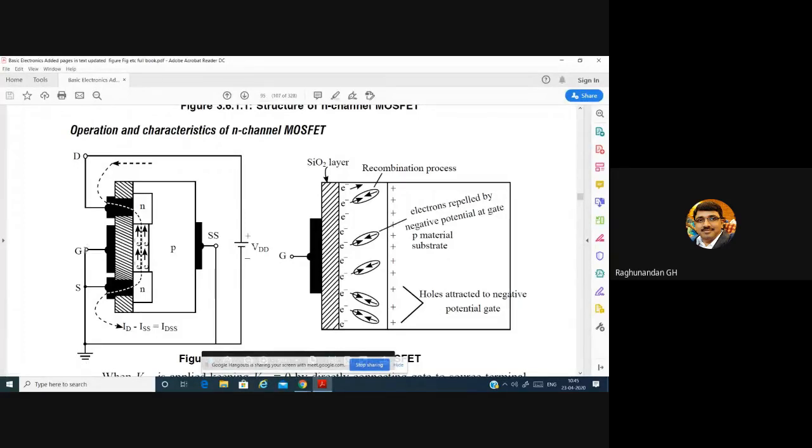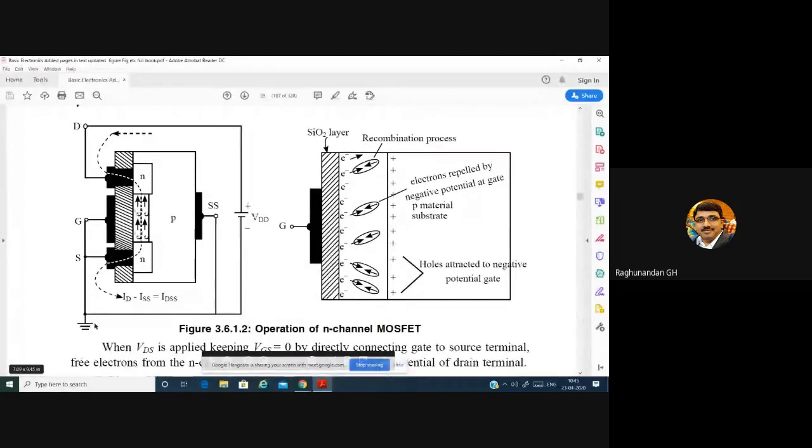We are shorting the gate and the source, both are shorted and connected to the ground. And you can see the drain is connected to the positive battery, and the negative terminal is connected to the ground, and the substrate is also connected to the ground.